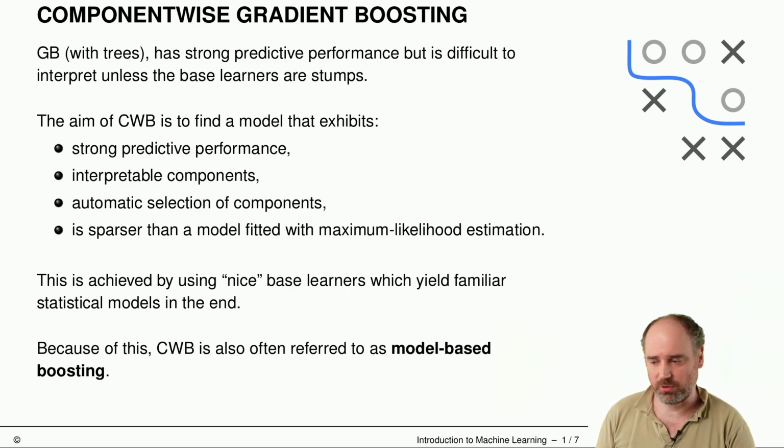You can do this also maybe with trees of depth 2. Then you have these two-way interactions in there. The model becomes less interpretable, and if you have considerably larger trees in there, the resulting ensemble is not very interpretable anymore.